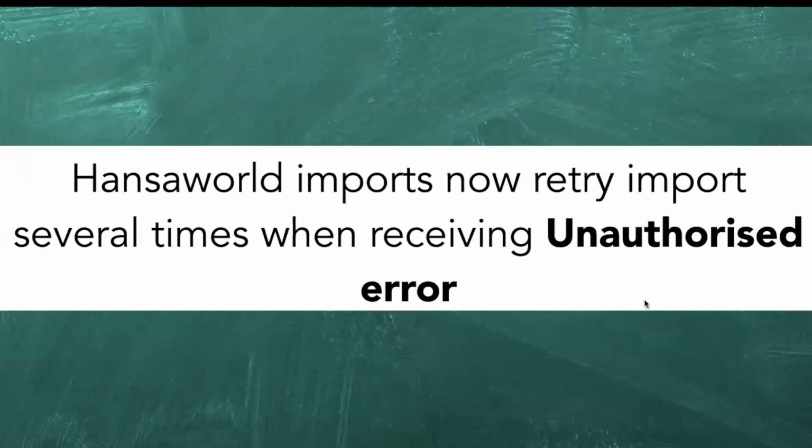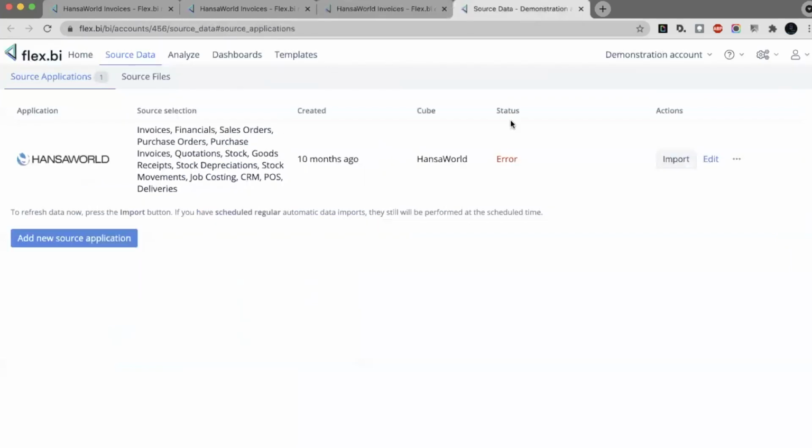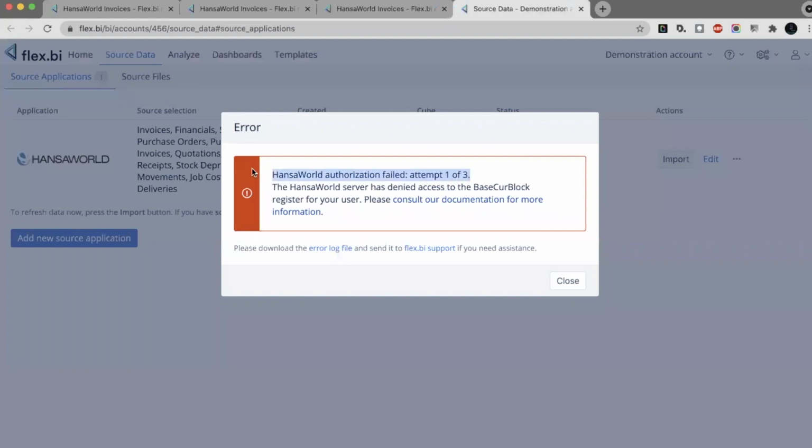Previously, we just said okay, we're not authorized and something's wrong. The data admin of the account got an email and had to log in and manually run the import again. Now, when FlexBI connects and Hansa says, "Hey, you're not authorized to do this," FlexBI is going to try it again after 10 minutes, right?